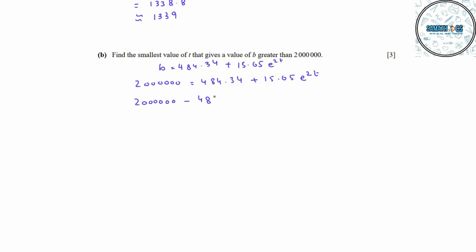Minus 484.34 is equal to 15.65 e power 2t.